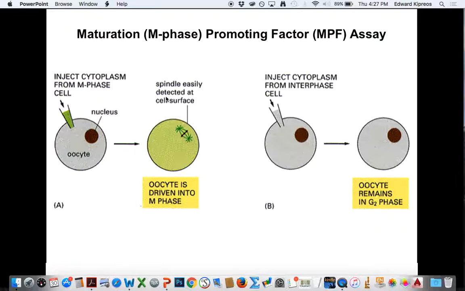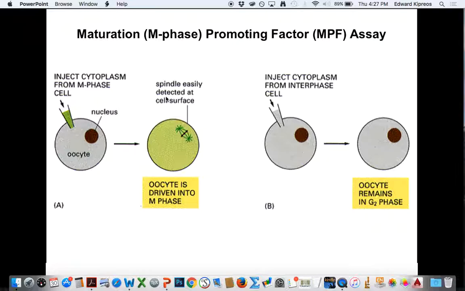So there's something in this cytoplasm that will promote meiosis or promote maturation. So that's why it's called maturation promoting factor. If you take extract from an interphase cell, put it in an interphase cell, nothing happens, okay? So there's some activity in this that will allow an immature oocyte to mature, okay?